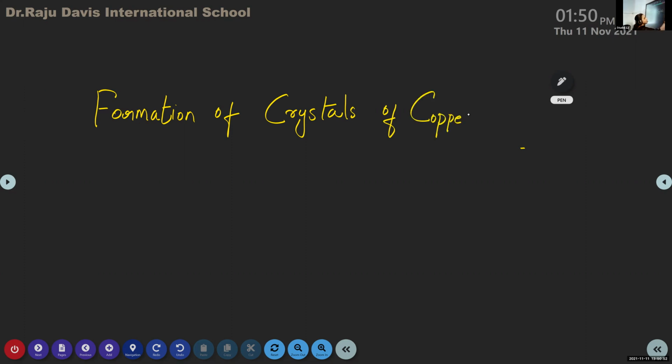What about the color of copper sulfate? It is light blue in color.